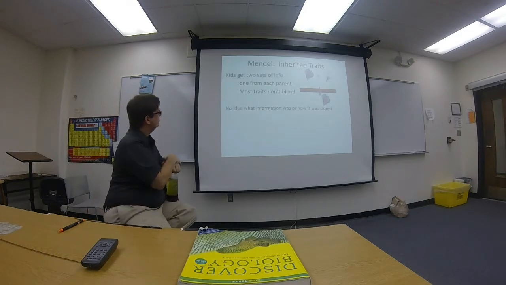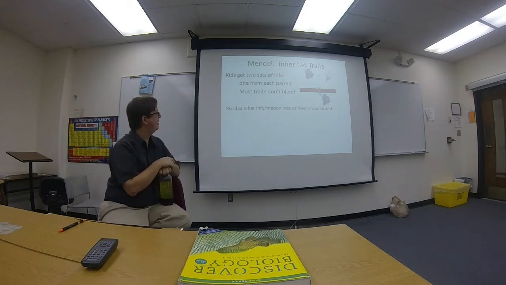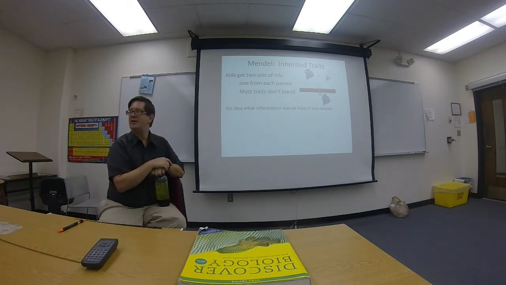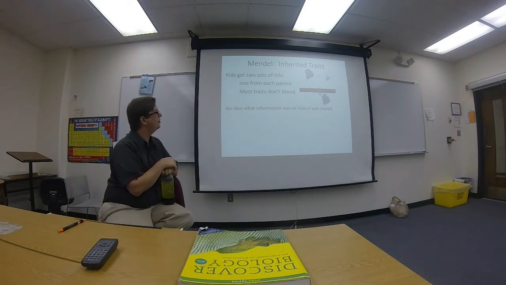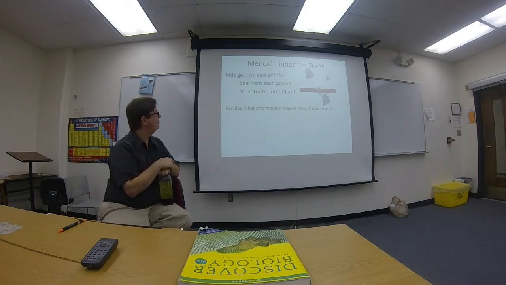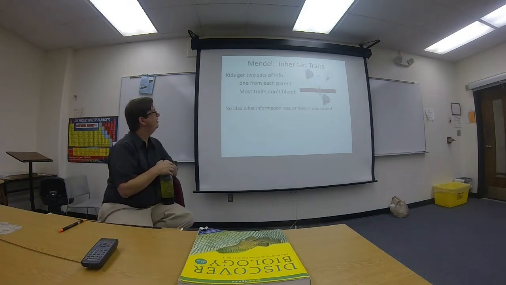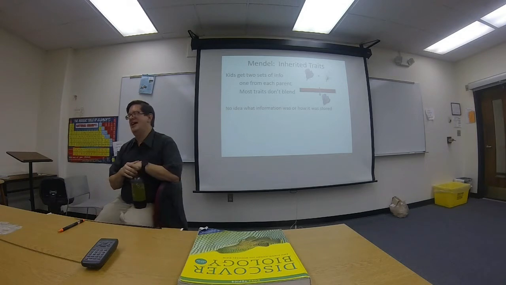Okay. So Mendel figured out that there were two sets of information that came from the parents. One from dad and one from mom, right? He figured out that most of those traits don't blend in any way, that instead you'll have one that blocks the other. Good? Now, Mendel didn't know that that was DNA doing that.